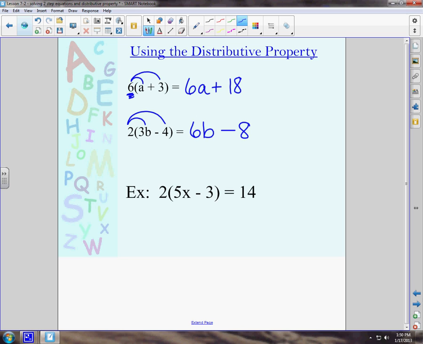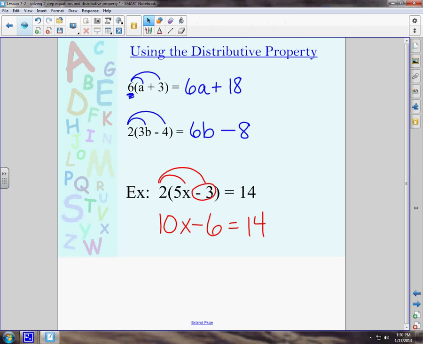So then here's the example. They want you to solve this equation. 2 times the quantity of 5x minus 3 equals 14. So I'm going to do 2 times 5x, which is 10x, and 2 times negative 3, because that negative sign goes with the 3, is negative 6, and that equals 14.